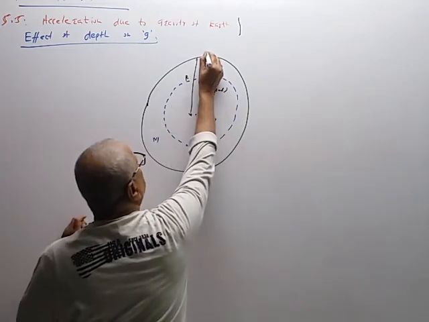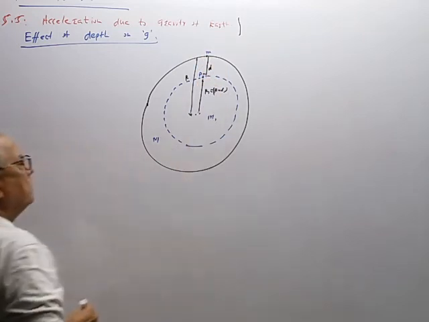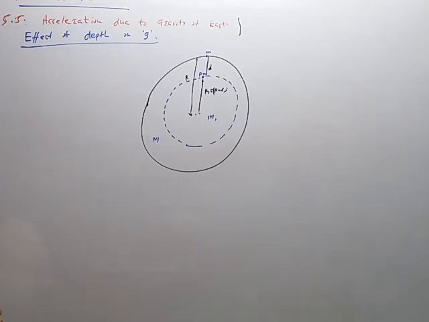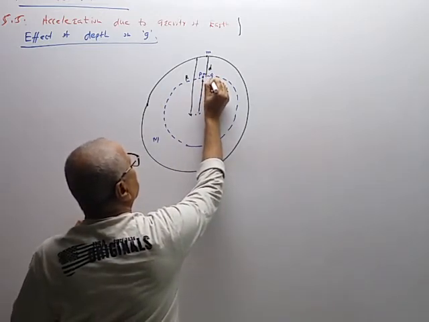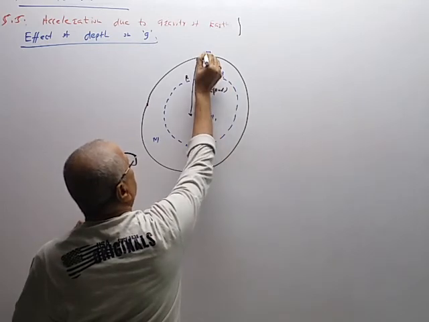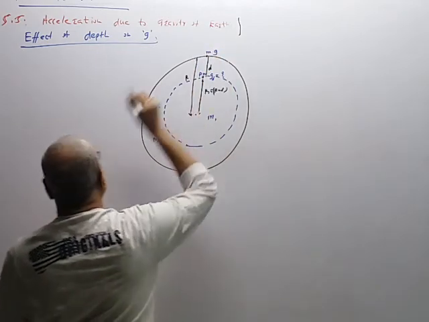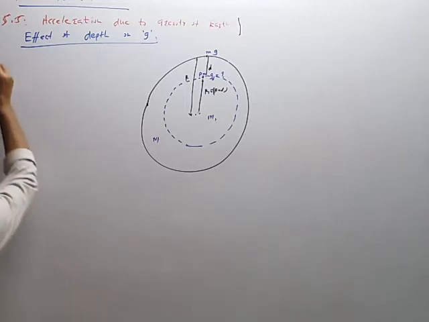First, the object is kept here, then the same object of mass m is kept here. So we have to find the value of g at this point. This is the gravitational acceleration at depth d. Gd is equal to question mark. On the surface of the Earth, the value of gravitational acceleration is g.